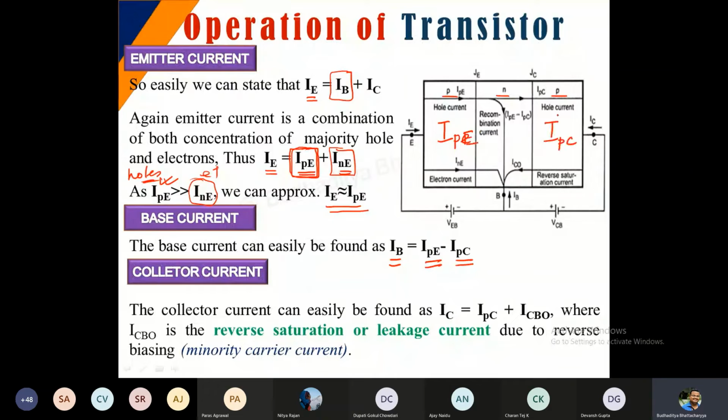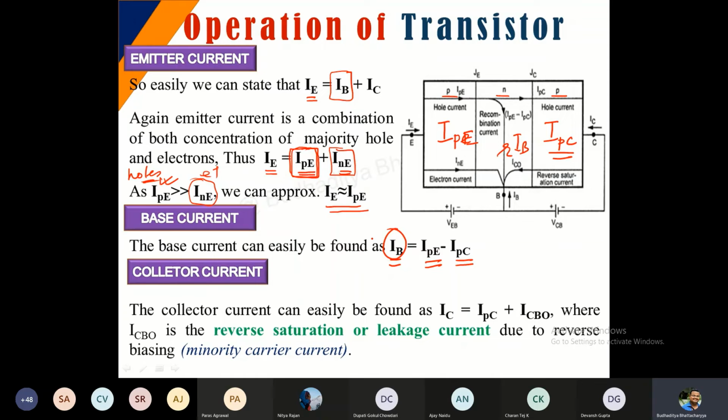So IPE minus IPC is given by whatever you get over here. Naturally IPE will be greater, because the emitter is basically the source. So IPE will be at least somewhat greater than IPC, because by the time IPC is generated, remember there is some amount of recombination happening. So definitely IPC should be less than IPE. The collector current will be less than the emitter current. Definitely. So that recombination part is basically what IB stands for.